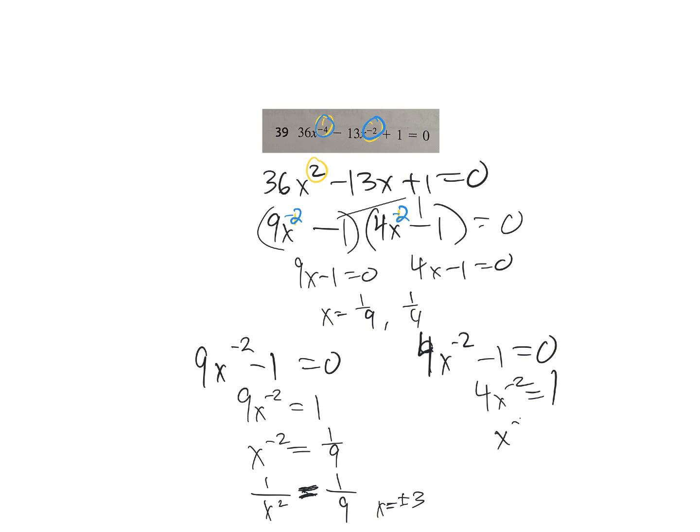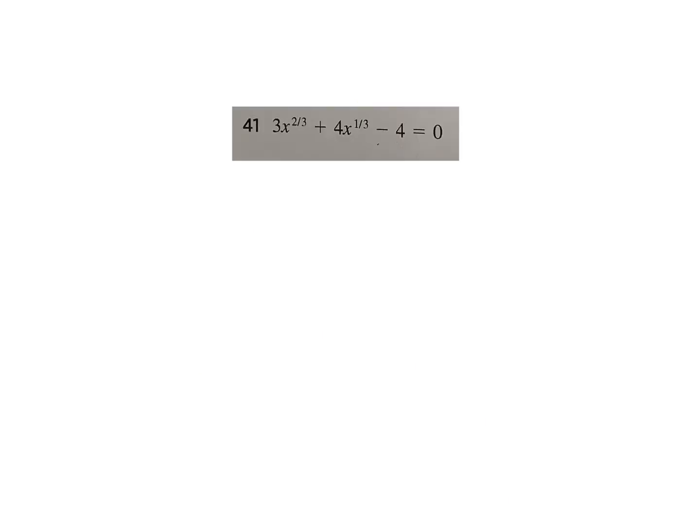Divide by 4, it's 1/4. X to the negative 2 is 1 over x squared. This means x squared must be equal to 4 for them to be equal. So x is equal to positive negative 2. So we have 4 answers, and there were 4 necessary. And now we can see we were right. Okay, 41.